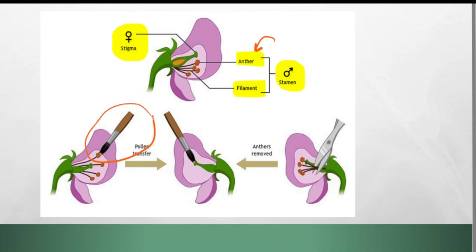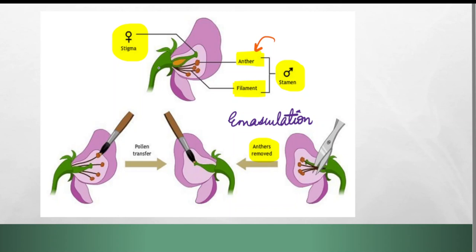We are removing the anther. This process of removal of anthers is known as emasculation. In your textbooks they have not explained it in much detail, but I am explaining it because you should know the meaning.